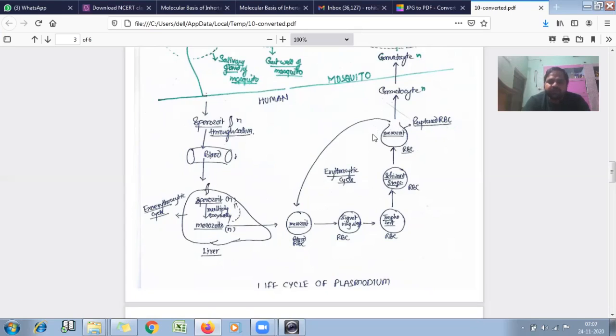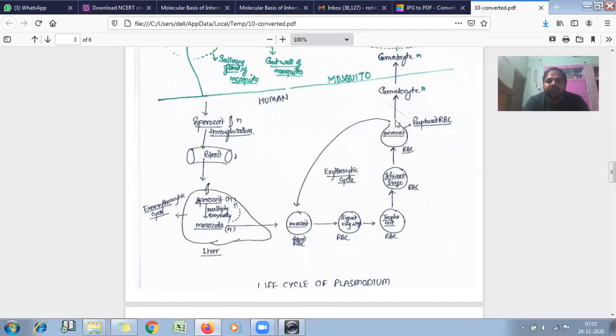Some of the merozoites are converted into gametocytes, and when other merozoites again infect the blood, a cycle of this parasite will operate inside the RBC, and this cycle is called the erythrocytic cycle.